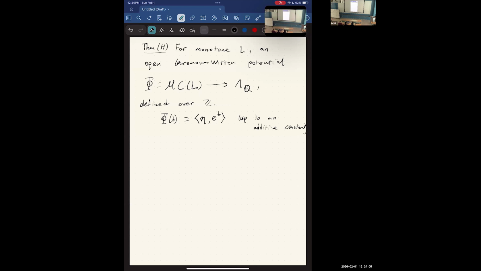This is like in Fukaya's work. What I mean by e to the b is that I'm going to look at the sum for all k greater than or equal to 0 of tensor powers of b with the unit in the infinity algebra.